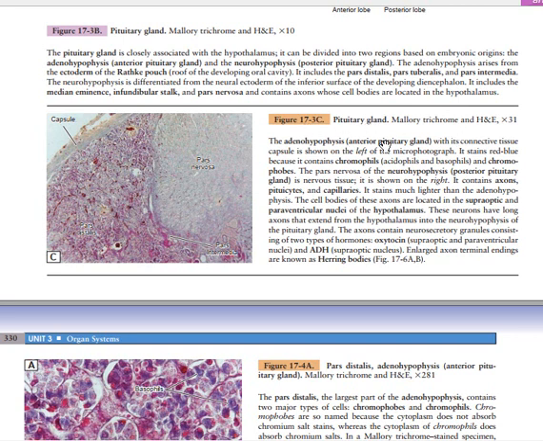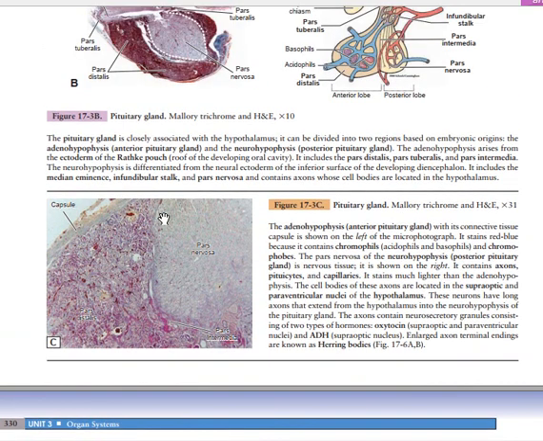In the pituitary gland we use the Mallory trichrome stain and the hematoxylin stain, so it's going to distinguish the chromophobes and the chromophil cells. The chromophobe cells are not going to stain with this Mallory trichrome, while the chromophil cells are going to stain either acidophilic or basophilic. Acidophilic cells are going to stain reddish, while basophilic are going to stain bluish.